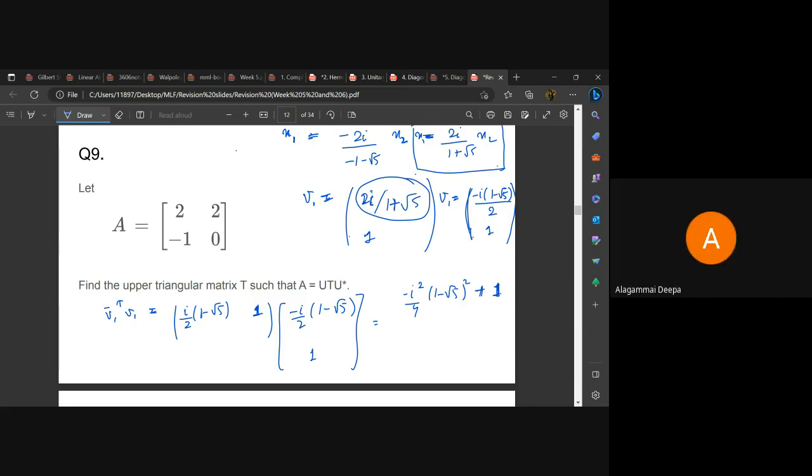Just leave this part, okay? So you know the process. Actually, my question is, ma'am, now we got minus i square, no? So can we convert this into plus 1? Yes. Okay. So you know the process, you can just do it.